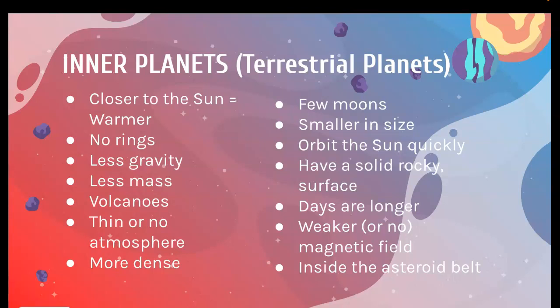They have a weaker or maybe no magnetic field, and they're inside the asteroid belt. So this is quite different than the 4 planets I'm going to show you next. These are the characteristics of the inner planets. So this will be helpful to you in your assignment today.